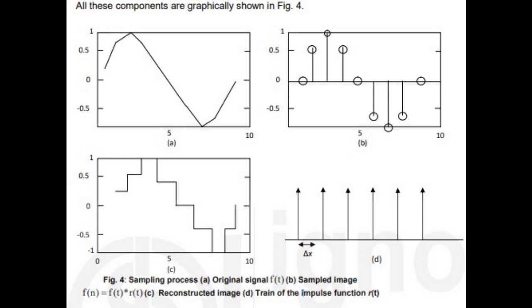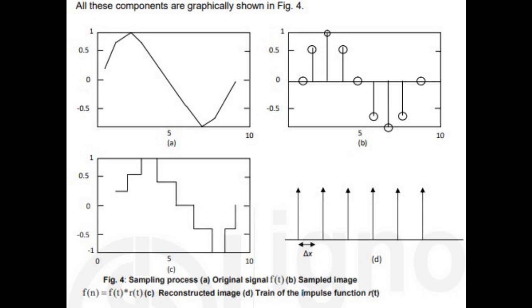The sampling rate or sampling frequency is the reciprocal of the sampling period and is measured in samples per second or Hz. The sampling process is the multiplication of a continuous signal f(t) by a railing function r(t). The railing function can be a pulse of unit amplitude at exactly the sampling time instant.